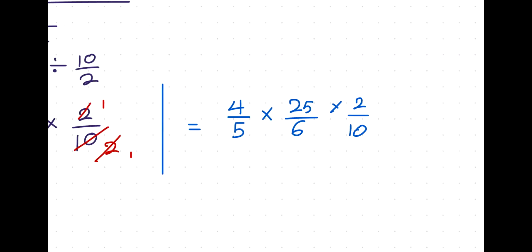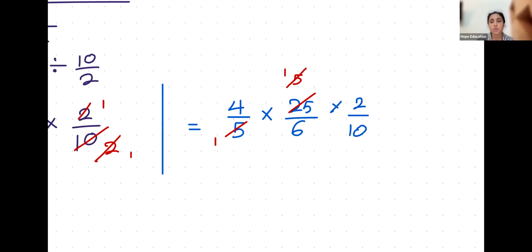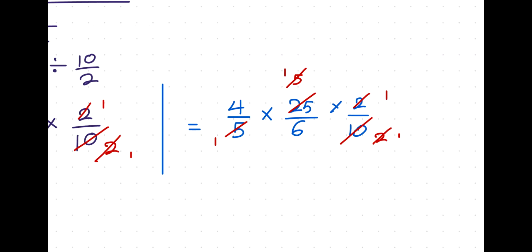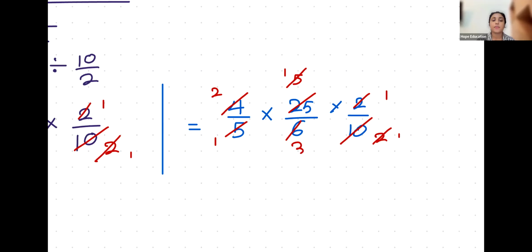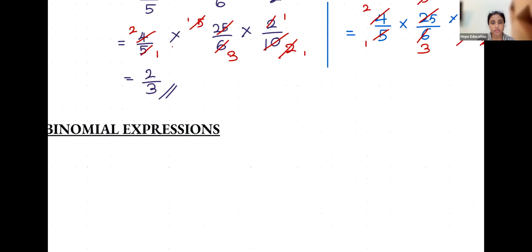Okay, now we'll see. 5 times 1 is 5. 5 times 5 is 25. 5 times 1 is 5. 5 times 2 is 10. 2 times 1 is 2. 2 times 1 is 2. Yes, teacher, I have made a mistake there. All right. Clear? Yeah, teacher. Okay. All right. So, put the new topic, binomial expression.